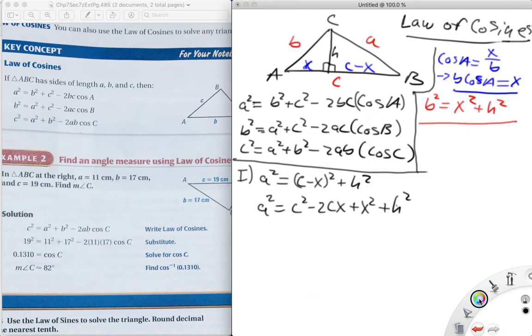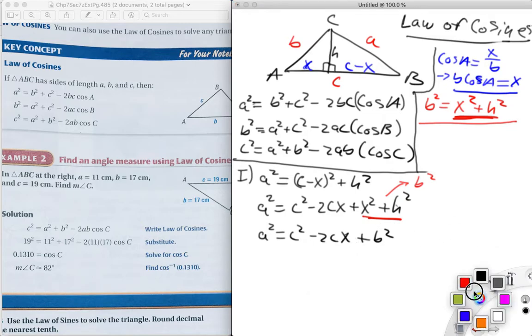Well, if you look over here, I already know that b squared equals x squared plus h squared. So I have x squared plus h squared here. I have x squared plus h squared here. So this equals b squared. So I'm going to substitute. And I'm going to say that a squared equals c squared minus 2cx plus b squared. Isn't that nifty?